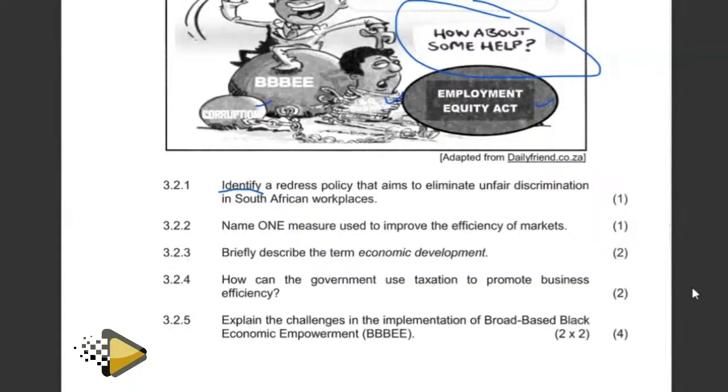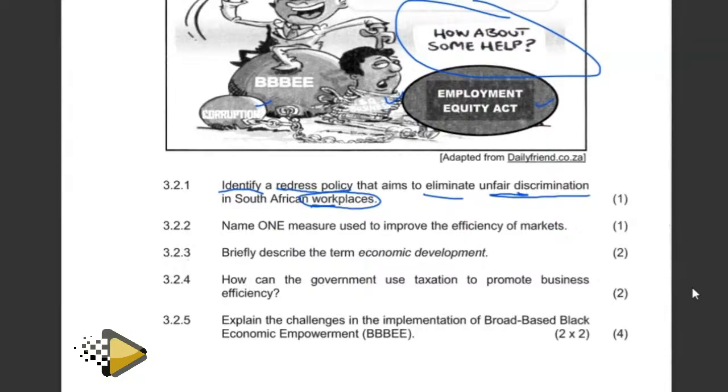So now, if you still remember grade 12, we talk of elimination, we talk of unfair discrimination, we also talk of the workplace. So these are the key concepts that you should always take into account, as well as the redress policy taken into consideration.